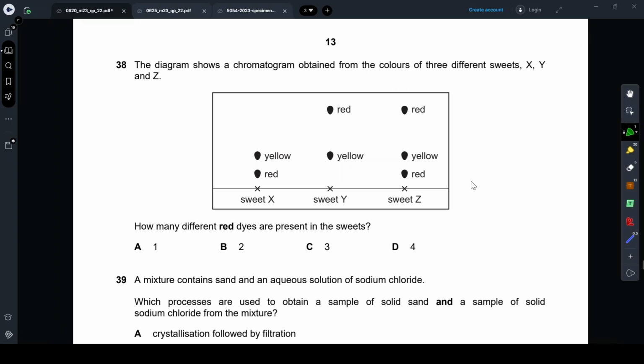Chromatography. The diagram shows a chromatogram obtained from the colors of 3 different sweets X, Y, and Z. How many different red dyes are present?